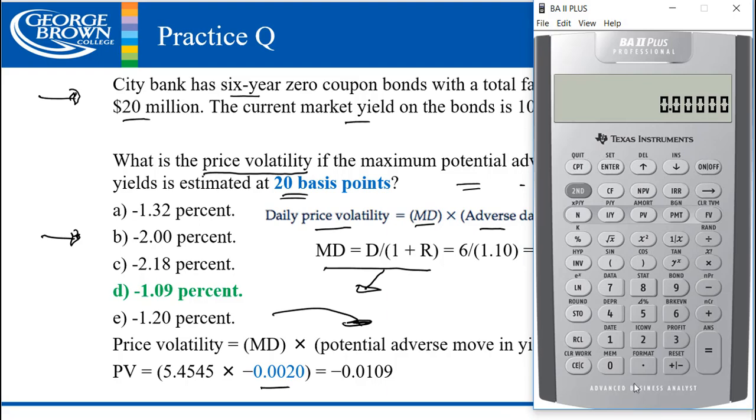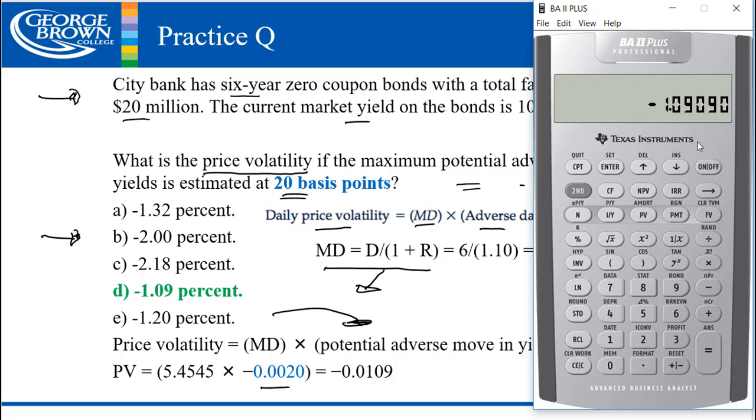So if I bring up the calculator here, that's our 5.4545, and we're going to multiply it by 0.002, make that a negative. And just wanted to show you, we get negative 0.00109, but it's giving us as negative 0.109%. So recall, to make it a nice round number, we're just going to multiply it by 100.